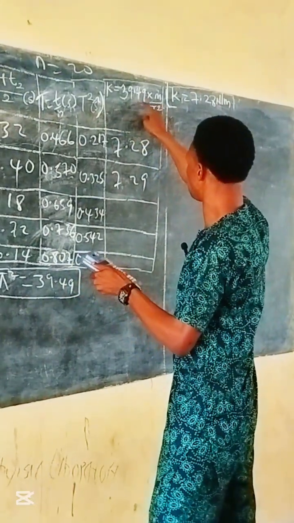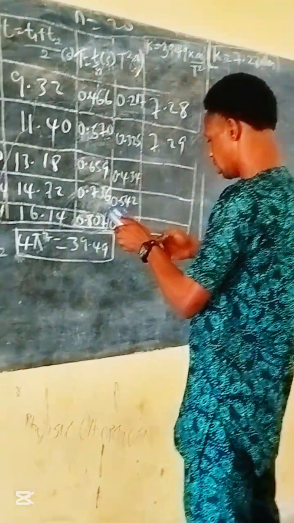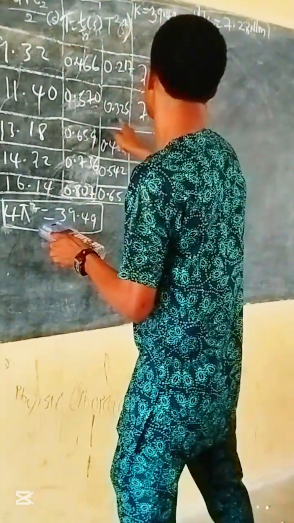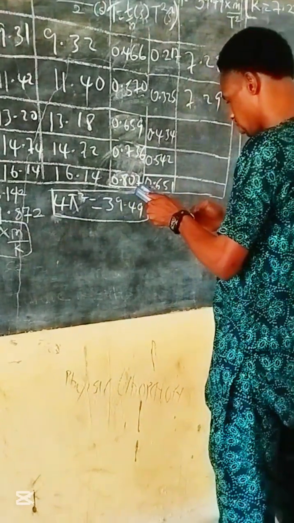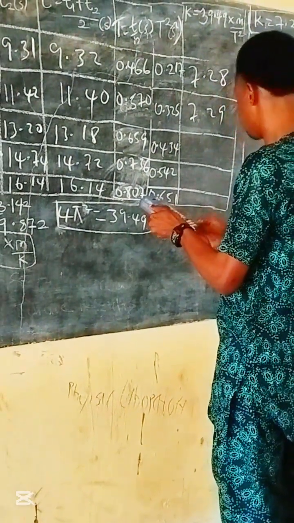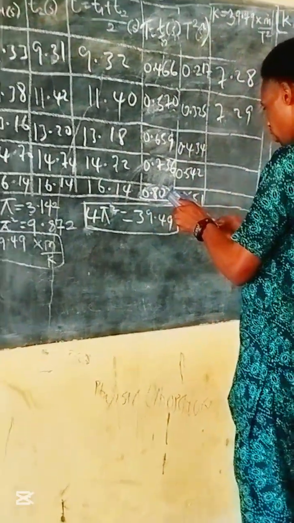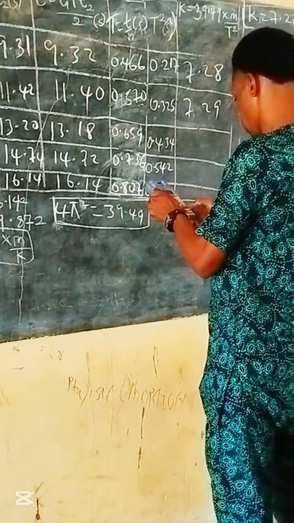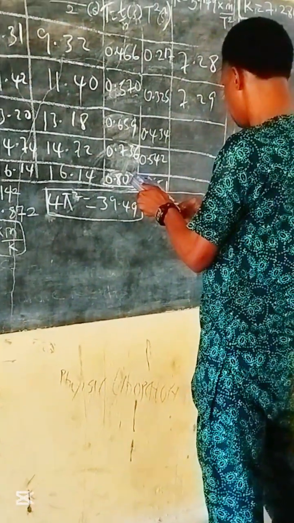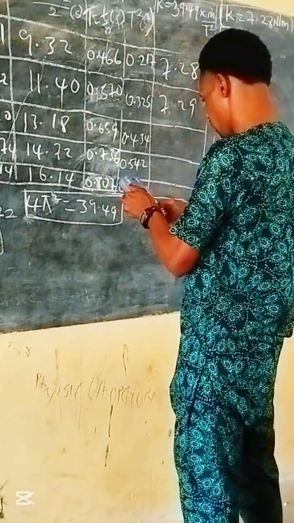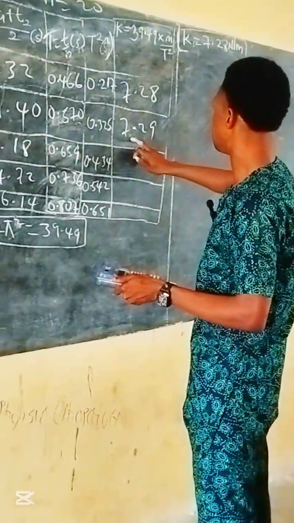I'll do the other one also. We just follow this one. This constant is 39.49 times, what is the third mass? 0.08, divided by the period. What period are we dealing with? This is the period now, that is 0.4. There's a mistake. I'm going to the third one now.